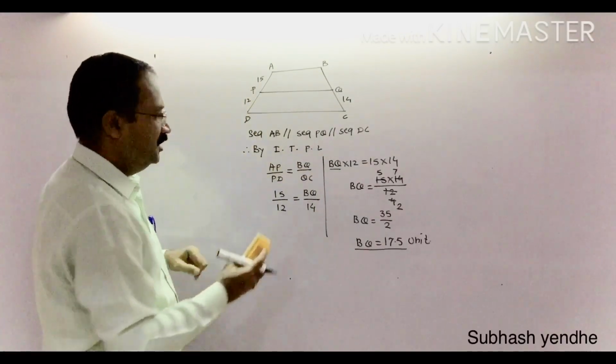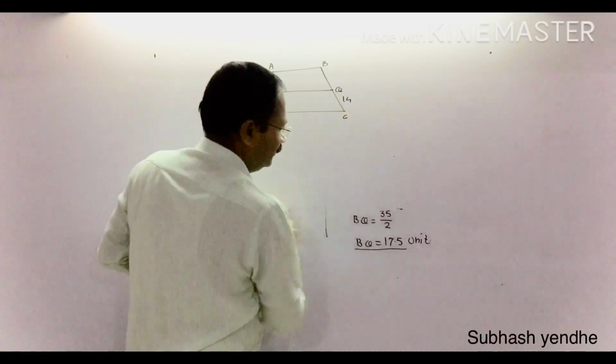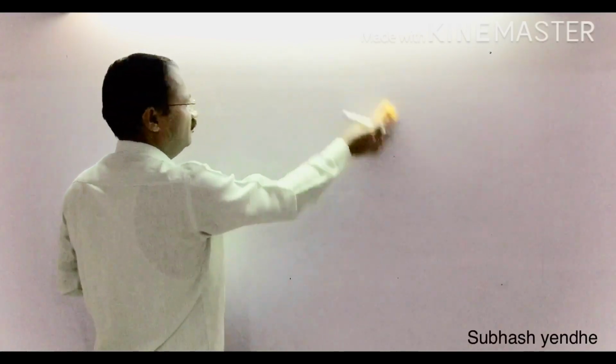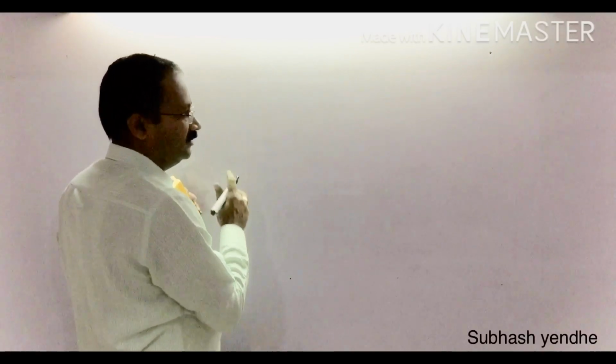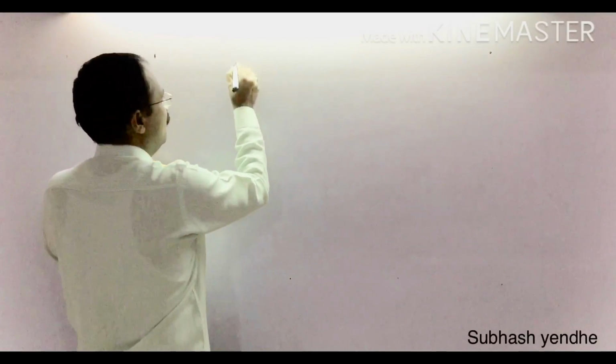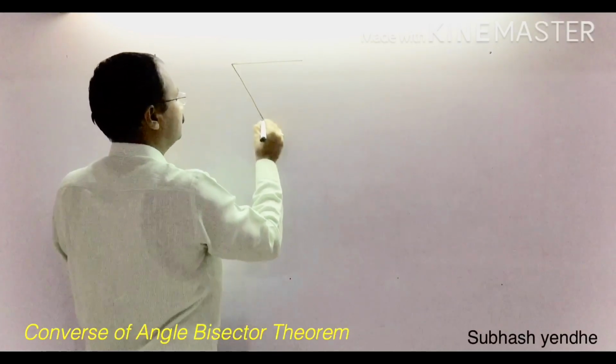These are the three sums which are related to the basic proportionality theorem, angle bisector theorem, and intersection of three parallel lines. Now we are going to see how to solve the sums related to the converse of BPT and converse of angle bisector theorem. Now observe this figure.